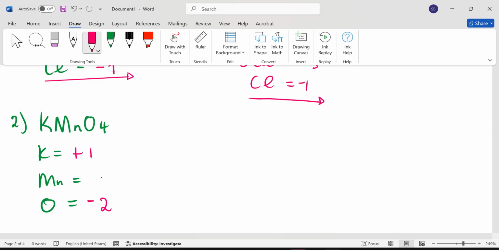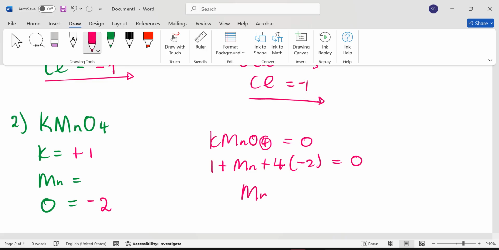Now we need to get the one for manganese. So how do we do that? Same way we did with the FeCl3. So we go KMnO4, it's a neutral compound, therefore it's equal to 0. And then the one for potassium is just 1 plus manganese. I don't know why I keep saying magnesium. Sorry, that's manganese. Plus subscript, that means 4 times -2, which is equal to 0.